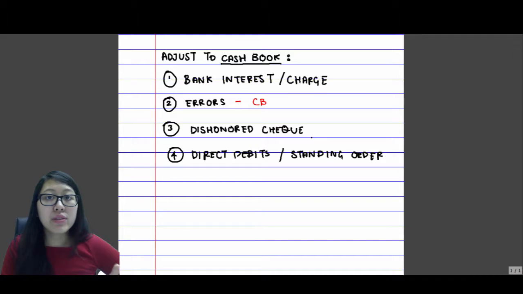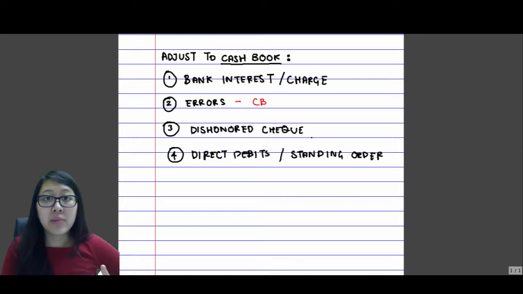But then, after days of clearing, the bank figures out that the check is much too big and my bank balance is insufficient. So they're going to have to dishonor the check or have the check bounce back. So, in other words, the check never went through and my bank balance had never decreased. So what I will have to do is reverse the change that I made to my cash book.